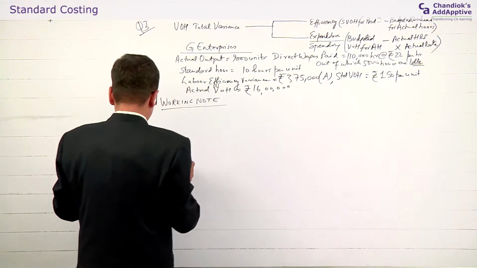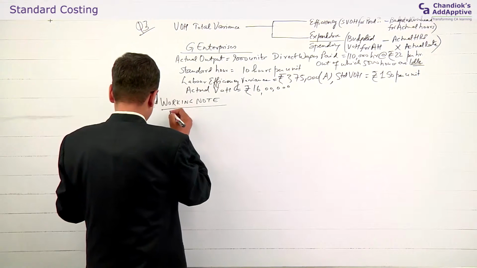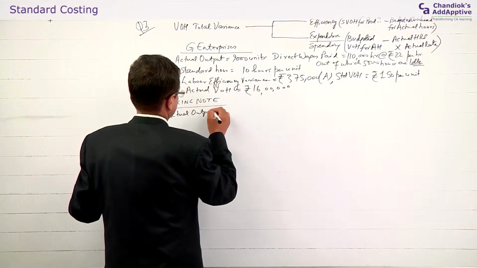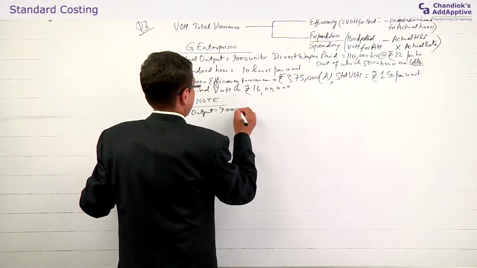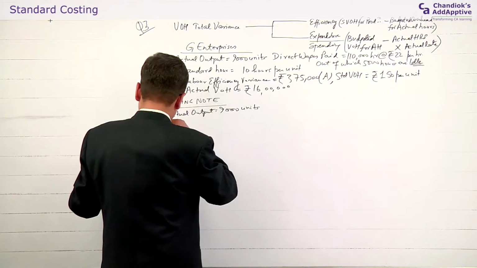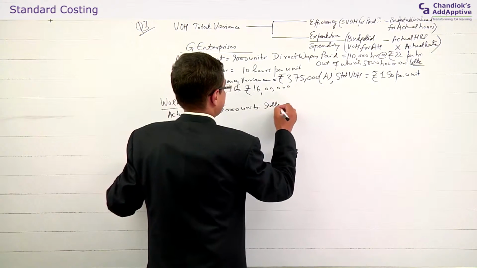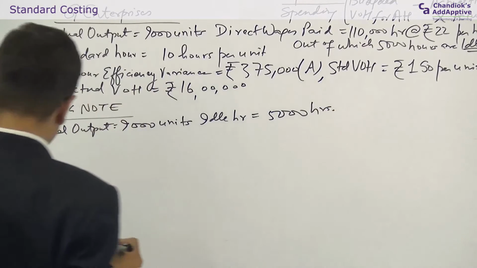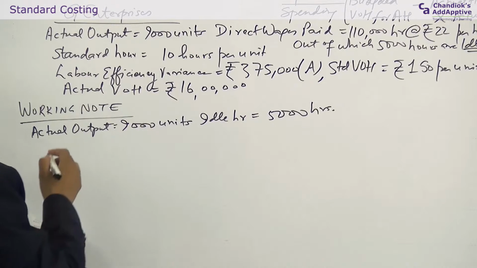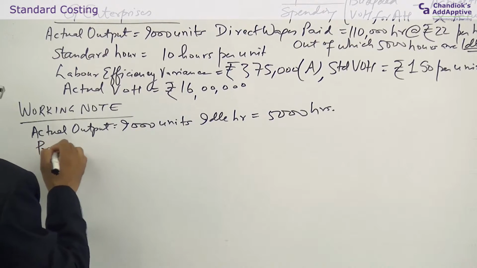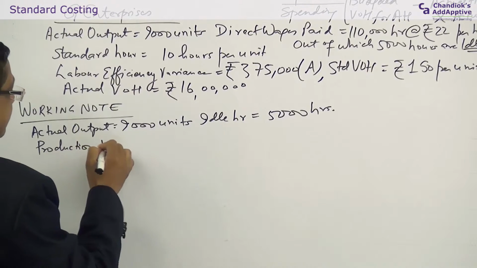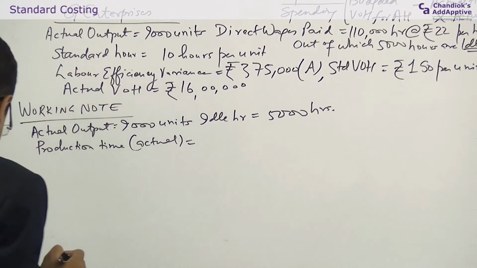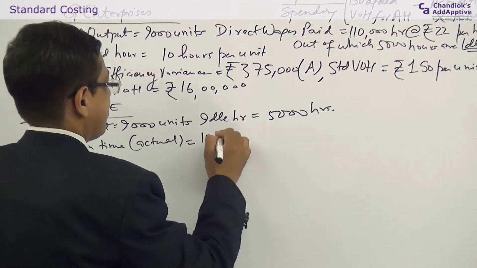In the working note, you notice you have been provided actual output. How much? 9,000 units. You are also provided idle hour. How much? 5,000 hours. Your production time, which is actual, is also provided: 1,05,000 hour.